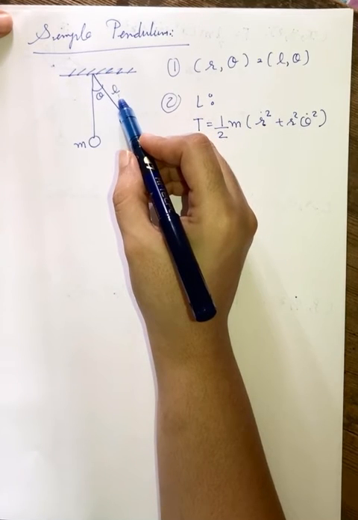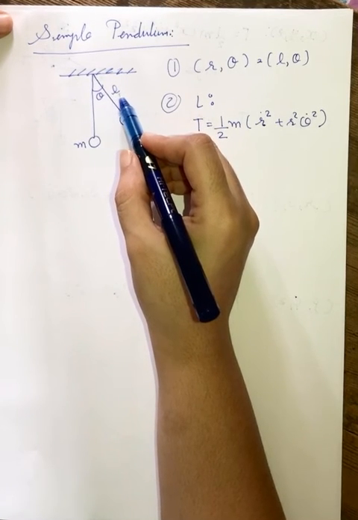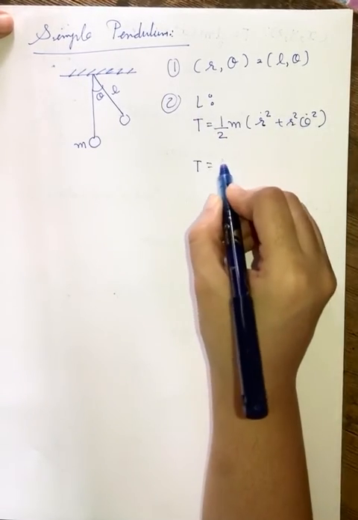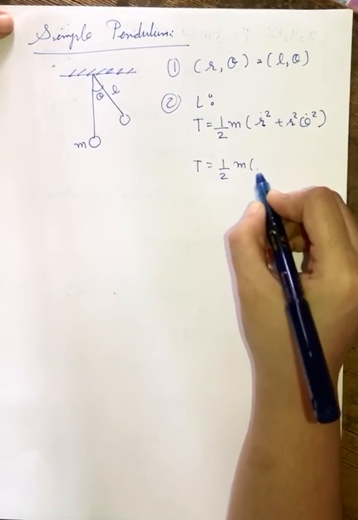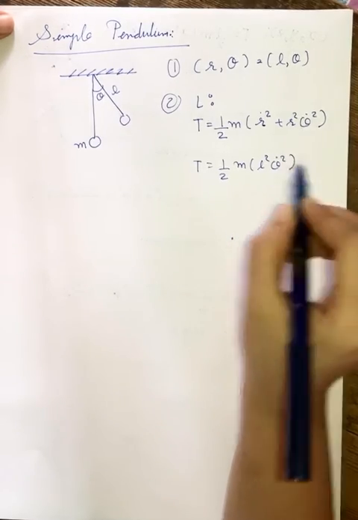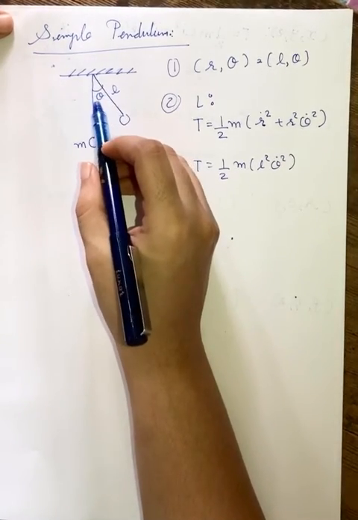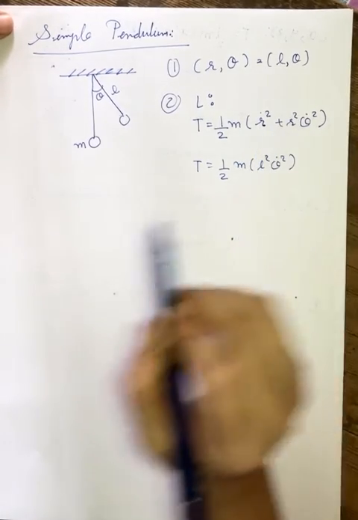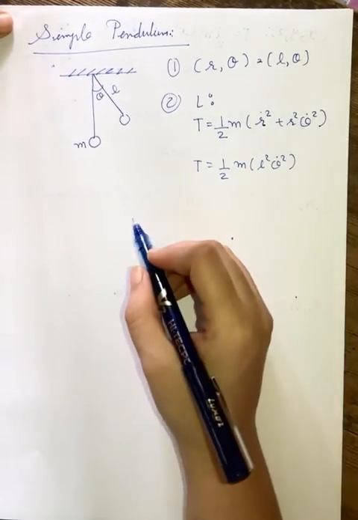So the length is constant, and therefore its derivative, L dot square, will also be 0. So we will only have half m L square theta dot square. Theta of course changes with time, so there will be this second component, but the first component is 0. So this is all you have for T.